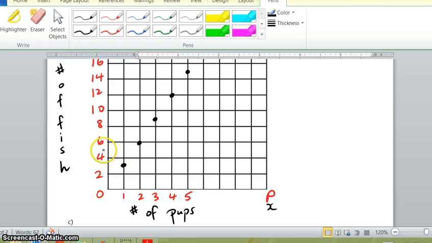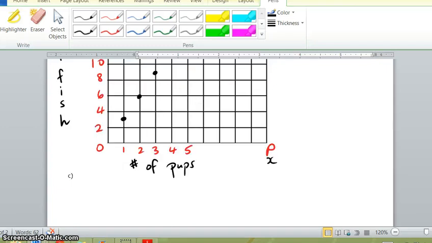It's also impossible to have 4.5 fish. Here's another example. It's impossible to have half a pup. It's impossible to have 2.5 fish. So the idea is you only connect the straight line if you can clearly have the in-between values. In this case, you can't. You have to have a definite number of pups, so they only land on the whole number. Same with the fish. You can only have a definite number of fish. They have to land on the whole number. So that's why you don't connect the dots.